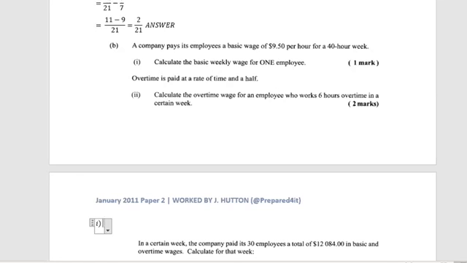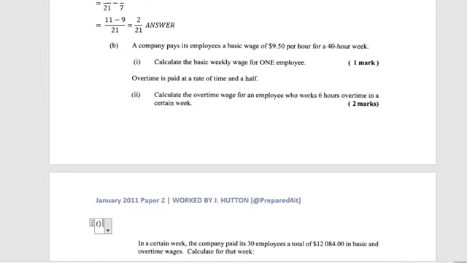You're going to multiply how much for the hours by the amount of hours worked. So we know that the basic wage is $9.50 per hour, and we know that the total hours that can be worked in a given week is 40 hours.